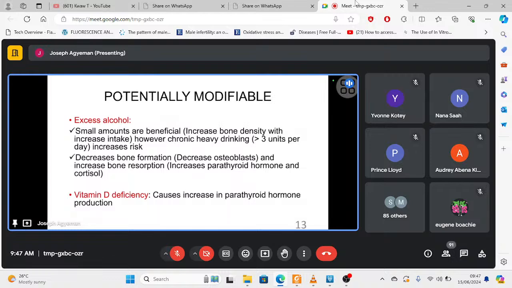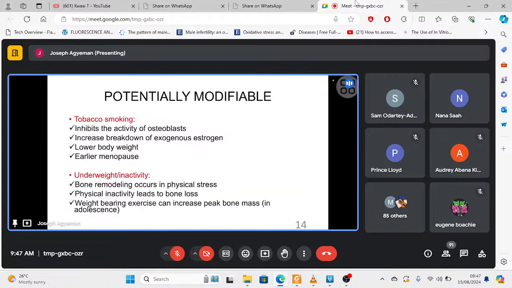If you have vitamin D deficiency, then you are in trouble. Reduced vitamin D reduces calcium absorption. This will activate your parathyroid gland and you secrete excessive parathyroid hormone. What happens? Osteoclast activation, increasing bone resorption.